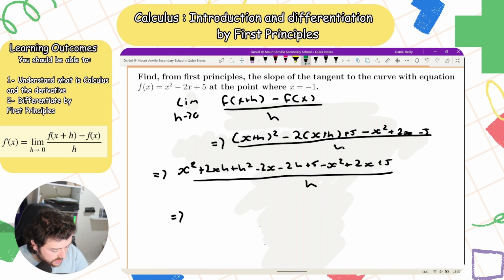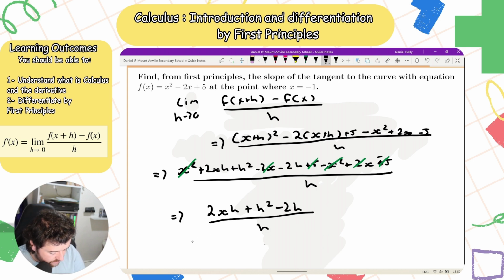Now cancelling terms here: minus x squared cancels out with x squared, 2x cancels out with minus 2x, and minus 5 cancels with plus 5. That is going to be 2xh plus h squared minus 2h, all over h.